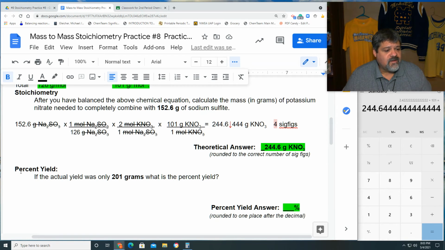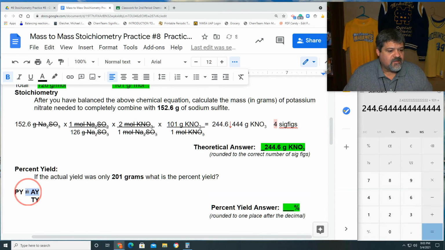So what is the percent yield? Well, the percent yield, PY, is going to equal our actual yield, and then we're going to divide that by our theoretical yield. Now again, your actual yield should almost always be less.